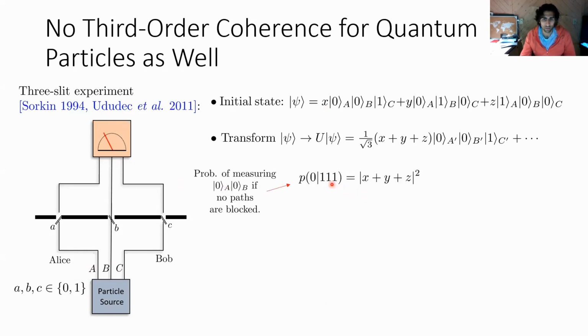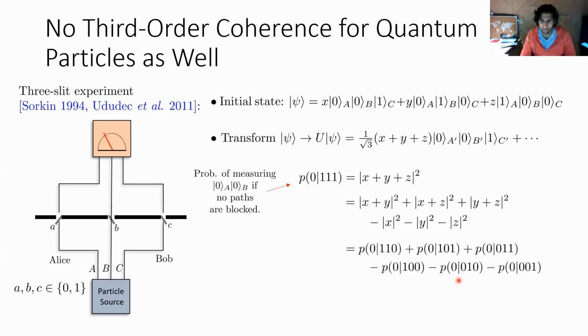And so you can interpret this 0, 1, 1. Remember, 1 is if, again, I goofed it, 1 is if the paths are blocked. So you get this amplitude squared, and you can decompose it into different terms. So this would be if Alice opens and Bob opens and Charlie blocks, this would be Alice opens, Charlie opens, and Bob blocks, etc. And yeah, so then this last one comes in for free again.